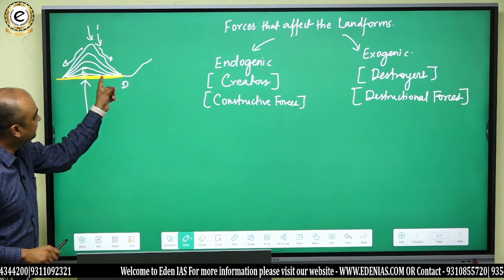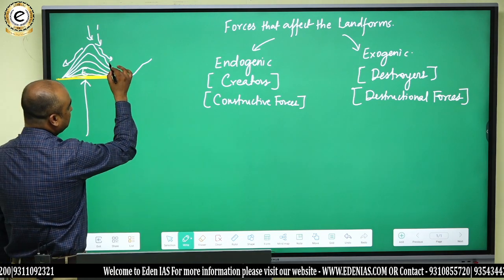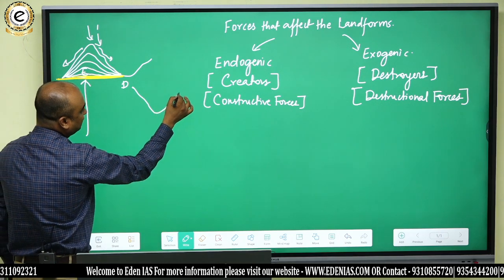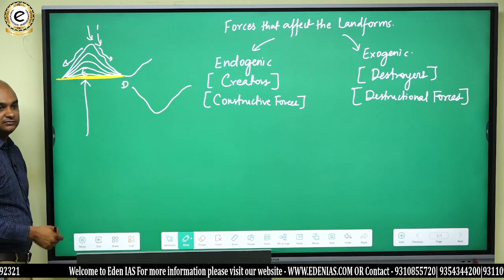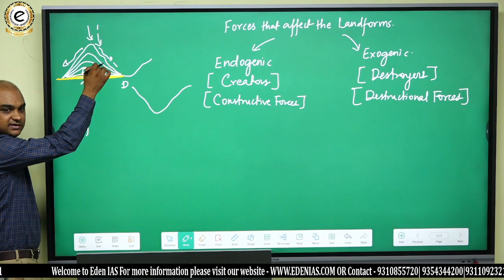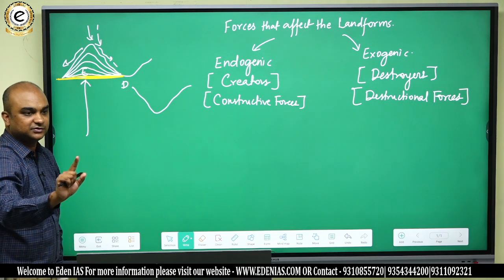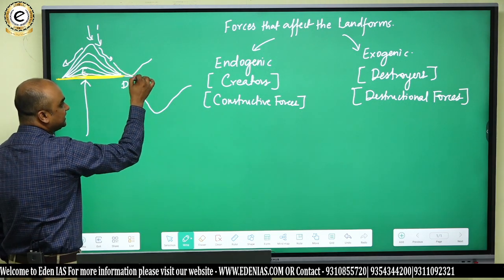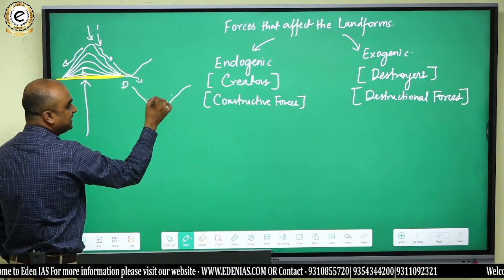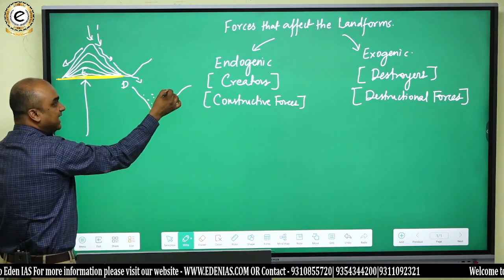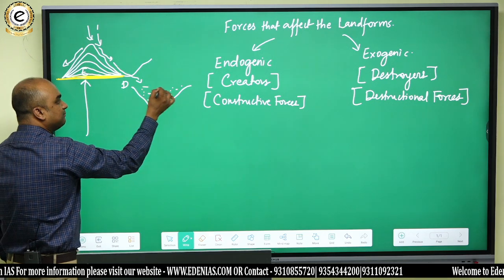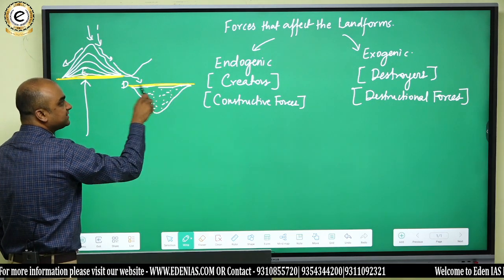Whereas look here, suppose it's a depressed landform, how can that be destroyed? Whatever is being eroded somewhere will be transported and deposited somewhere. Do you get that? So suppose all this material is brought here and it is continuously being deposited here. And as it is deposited with time, it is completely filled and you get a plane surface.